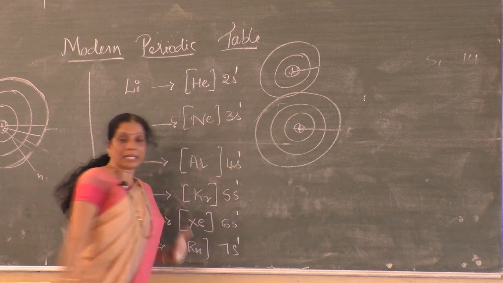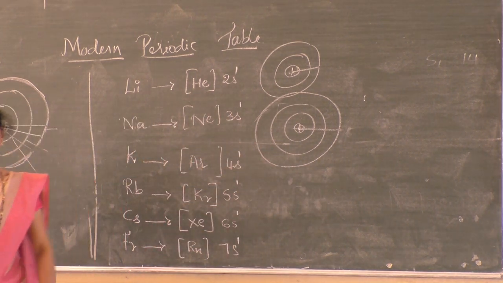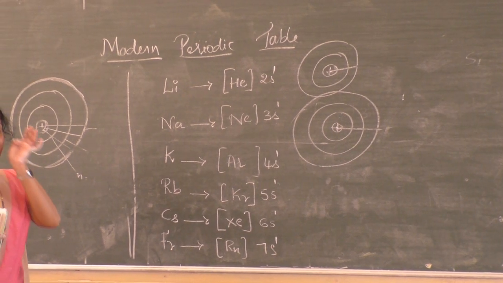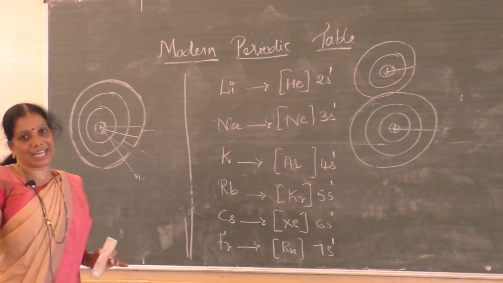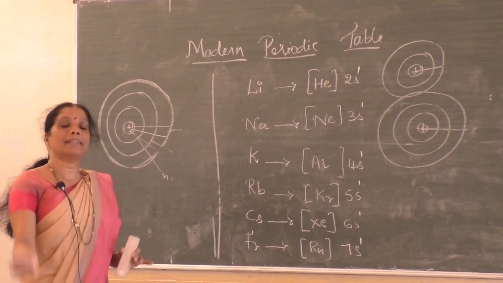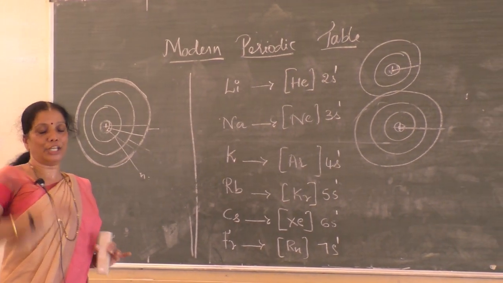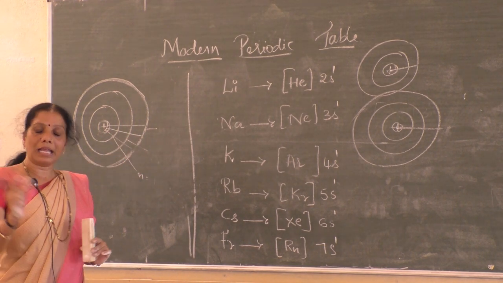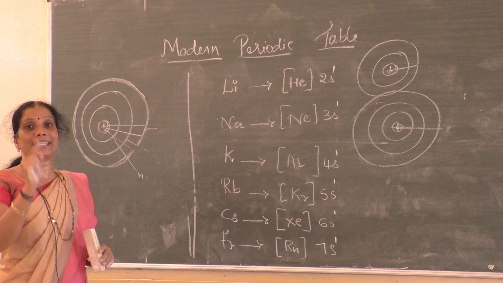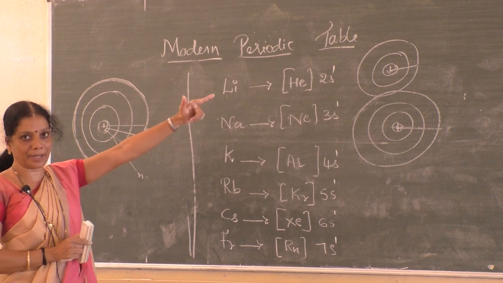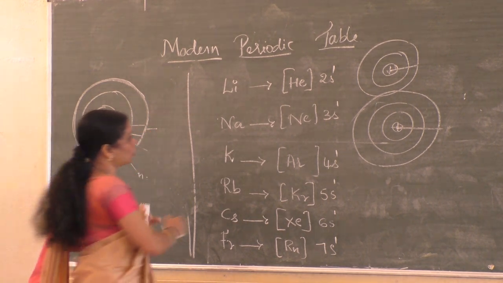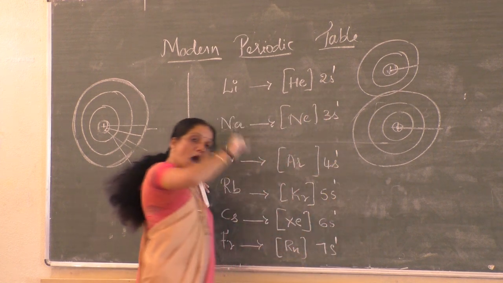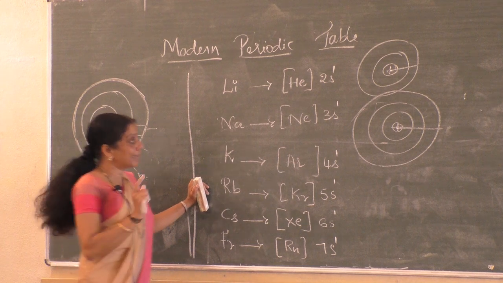That means if you consider the elements belonging to a particular group, the valence electrons, the last electrons, always enter into different main energy levels. Electrons do not get accommodated in the same main energy level like in a period. Electrons enter into the different, outer main energy levels.